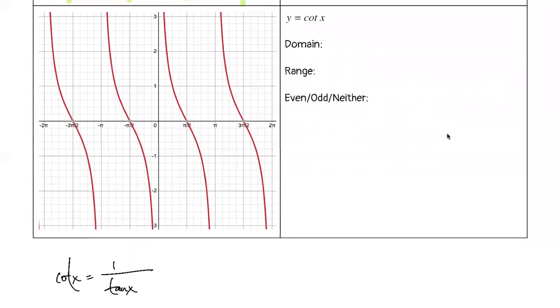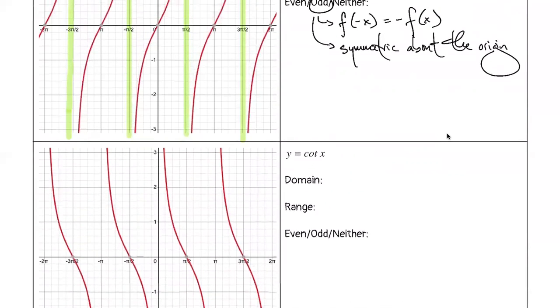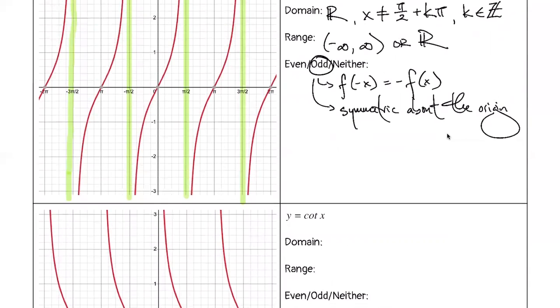So what that means is cotangent has vertical asymptotes when tangent x is 0, okay?